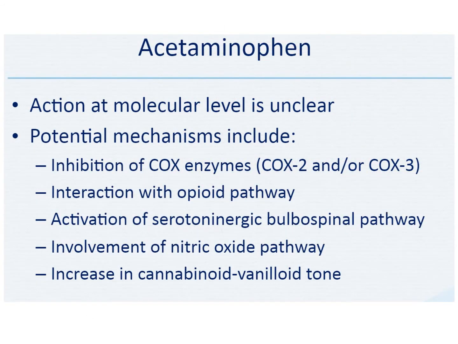What's really wild about acetaminophen is that its mechanism is just all over the place, and that may be the interesting part of it. It may be inhibiting COX enzymes, but it may also be interacting with several other described neurotransmitter pathways involved in nociception.